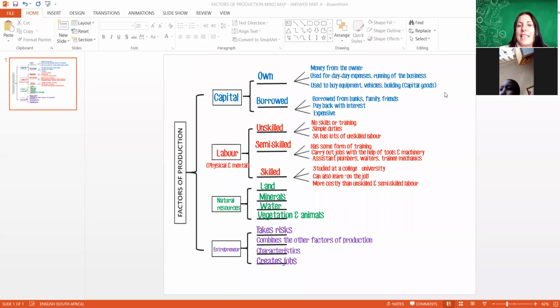If you look at this work in the economic sense, where we talk about factors of production, they actually call these fixed assets also capital goods. And I thought, let me just put that in as well, because in accounting we talk about fixed assets. So if you hear the word capital goods, that's normally your vehicles, your building, and your equipment.